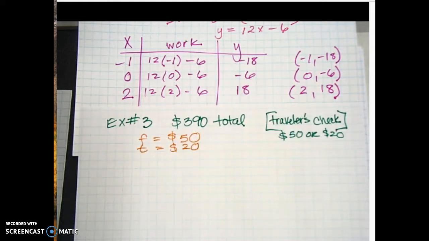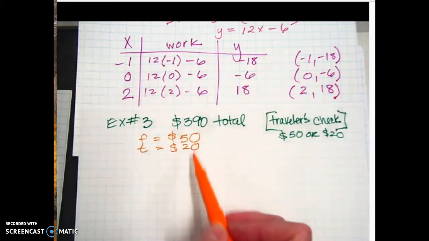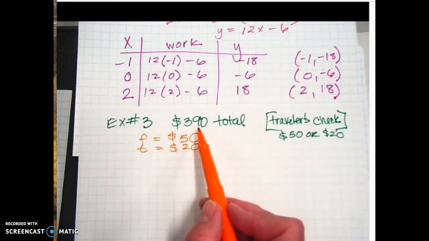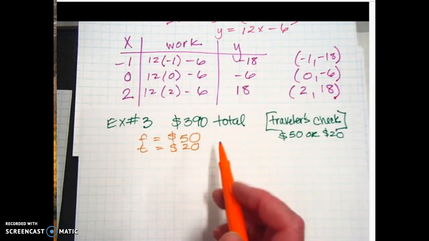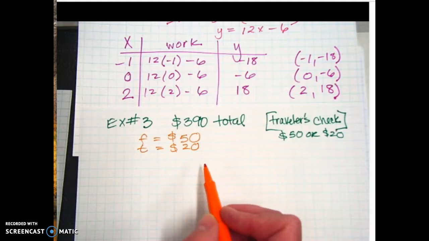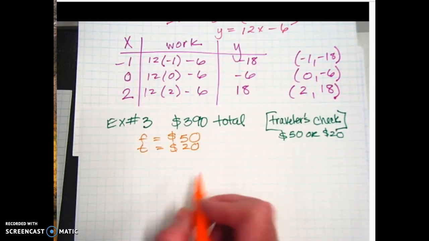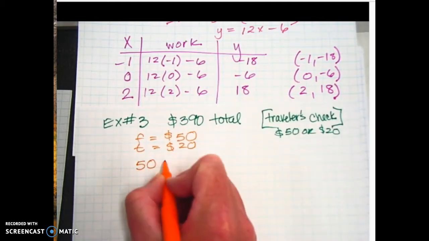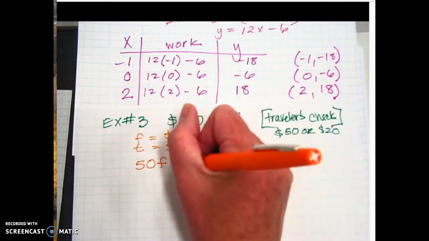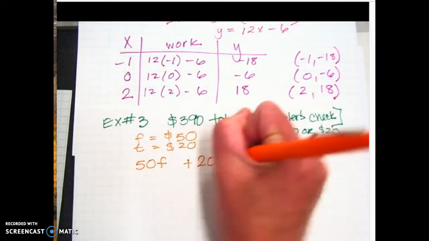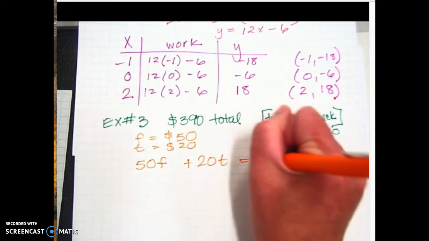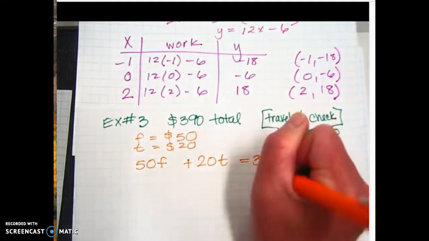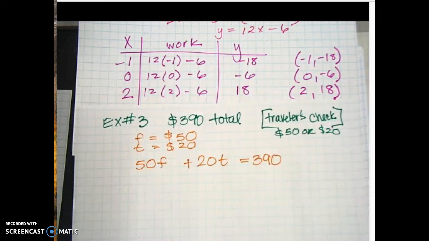And we want to know what combinations of these amounts can get you to your 390 exactly. So we're going to need 50 times F plus 20 times T equal to 390 total exactly. Okay?